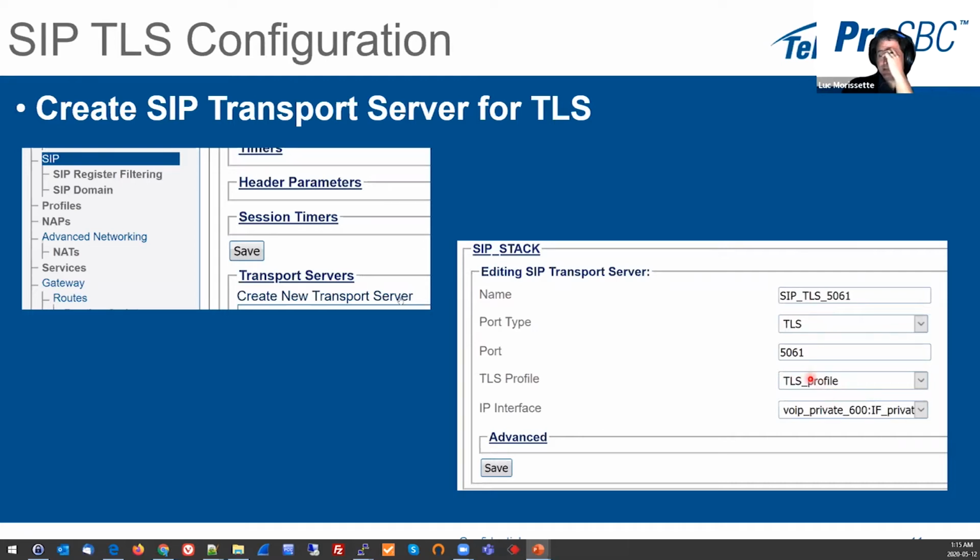Here it just mentions TLS profile, but maybe it would be more useful to say a TLS profile for a specific network. So here you set it, and you can say from which IP interface you will use this TLS profile.